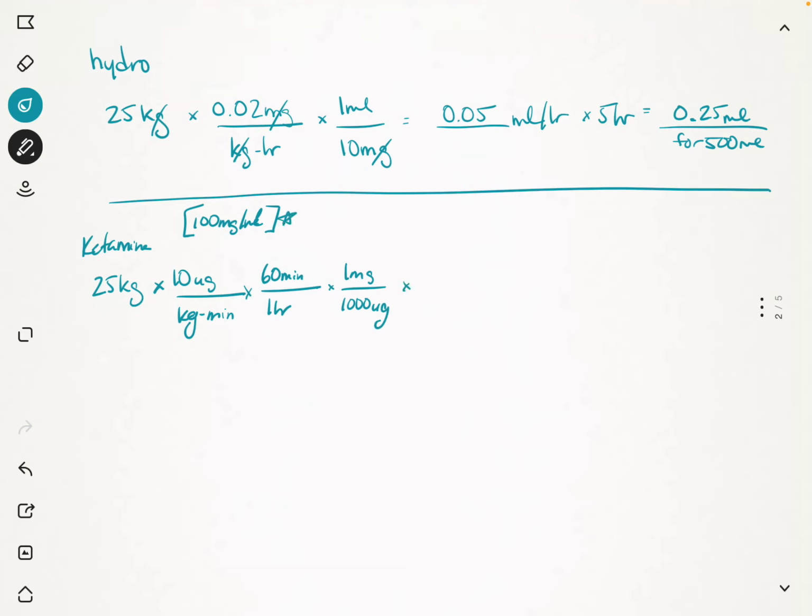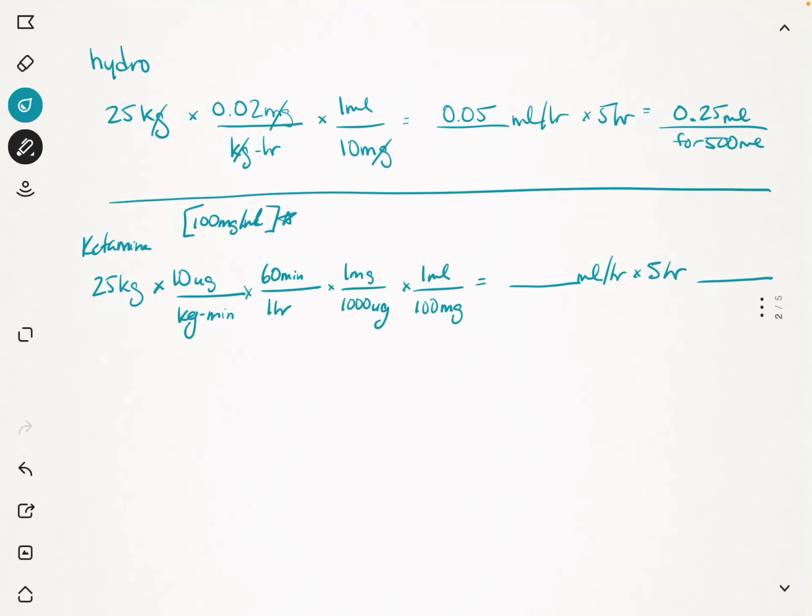So we've got 1 mil is 100 milligrams, which is going to give us our mils per hour, and again times 5 hours.